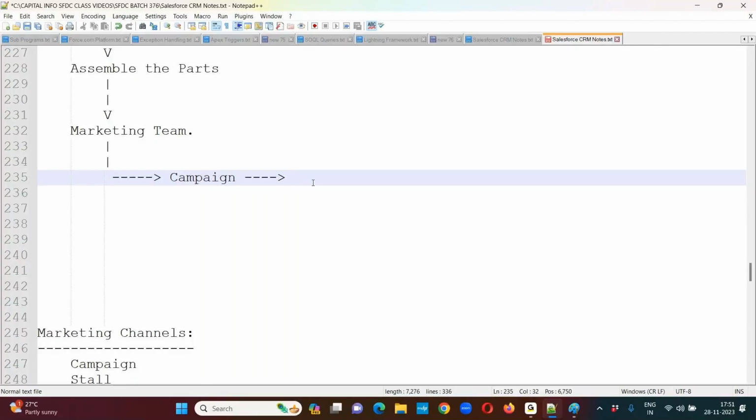For example, Dell people have selected a crowded area called Amirpet. So they want to conduct a campaign in Amirpet. Where exactly in Amirpet? They want to conduct the campaign behind the Maitrivanam building. Why behind this building?